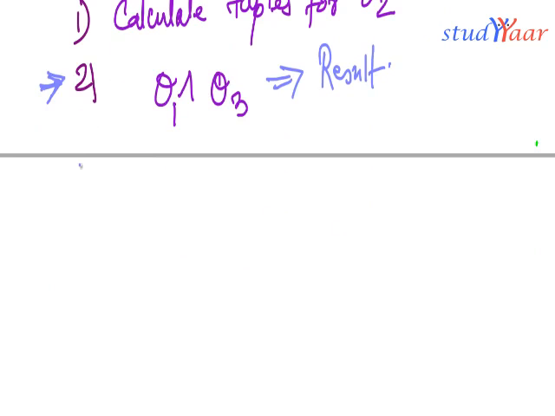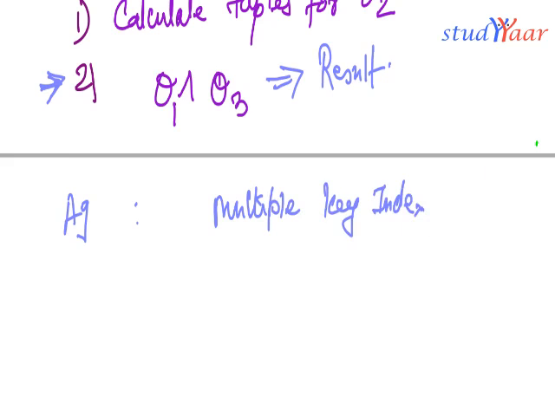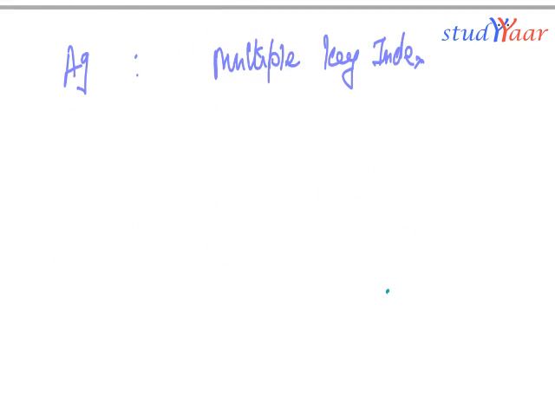My next algorithm is A9. A9 is selection using multiple key index. Let's try to recollect what a multiple key index was. Let's suppose I have a multiple key index on city and salary.